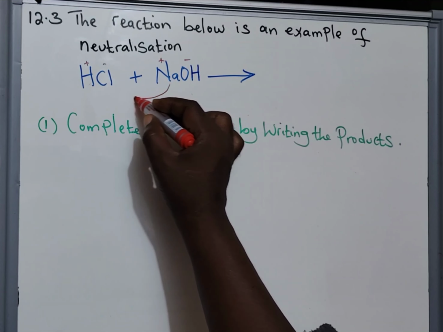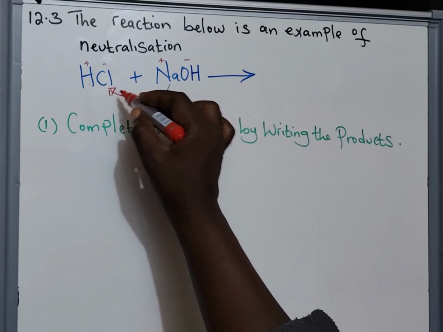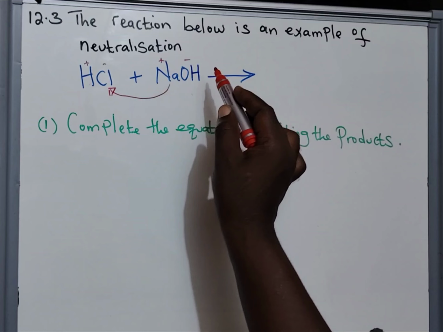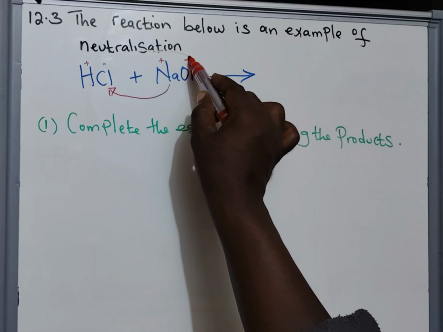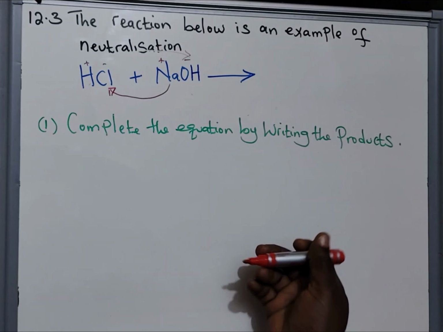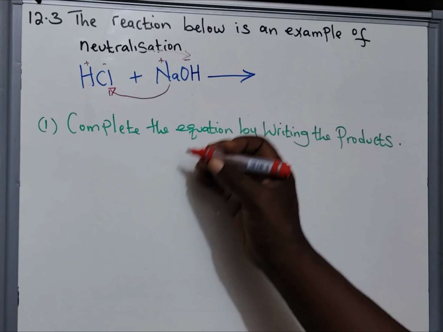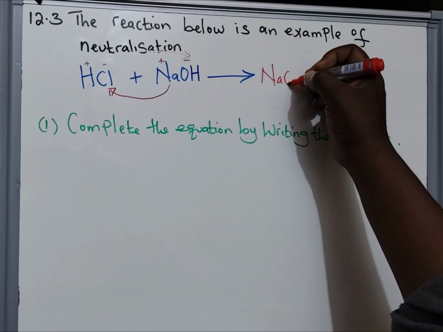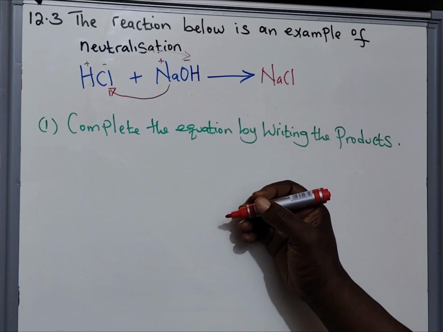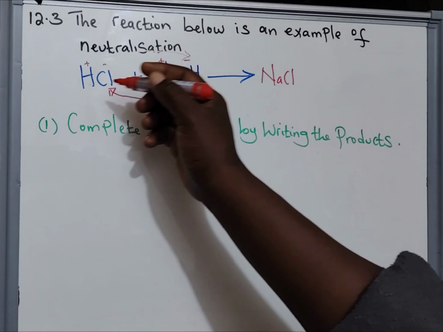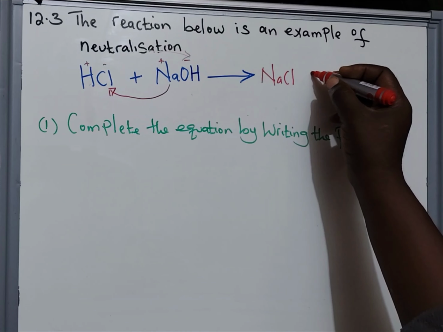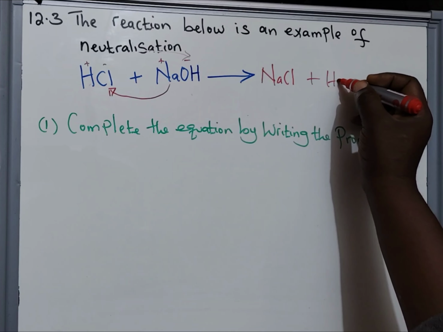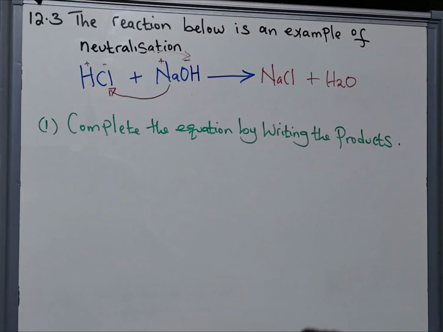So the positive of this one attacks that, and the positive of this one attacks that. So what you form is going to be NaCl, and when OH reacts with H, they give you water, H2O. So that is it.